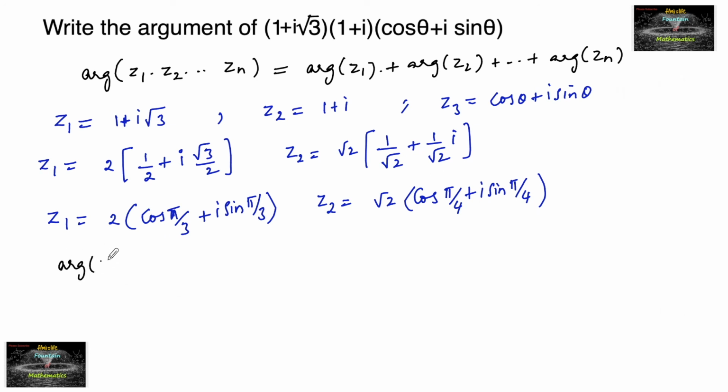So the argument of z1 is pi by 3, the argument of z2 is pi by 4, and the argument of z3 is, it is given, theta.